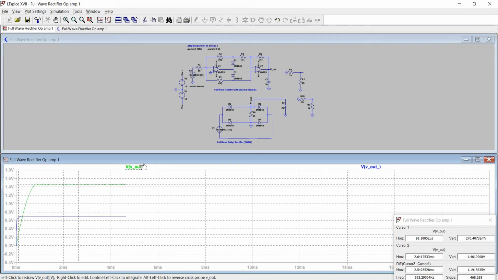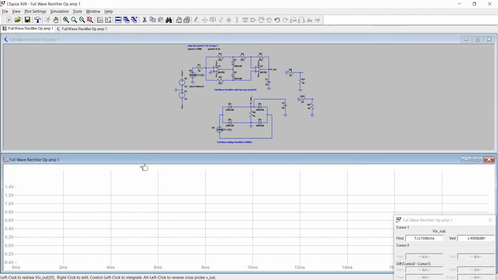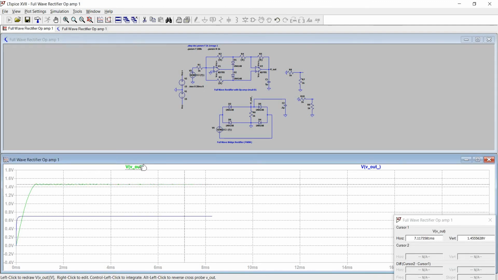Vout is around 1.46 volt, and Vout dash, that means for the full wave bridge rectifier, it is about 700 millivolt or 0.7 volt.